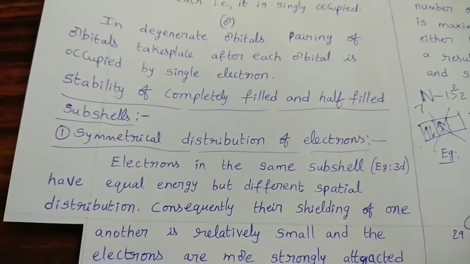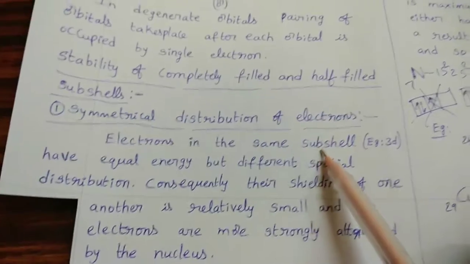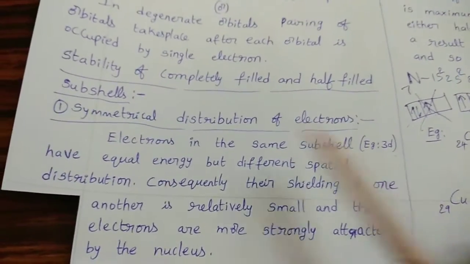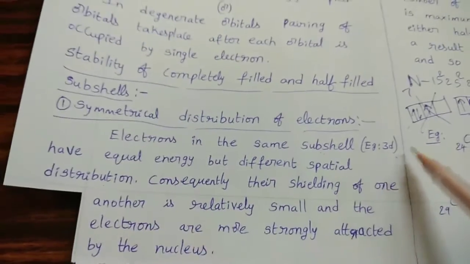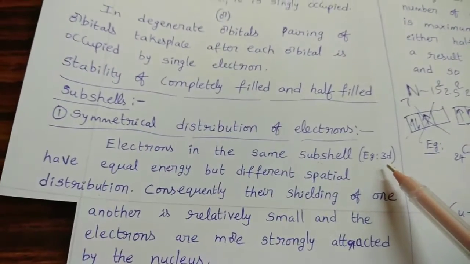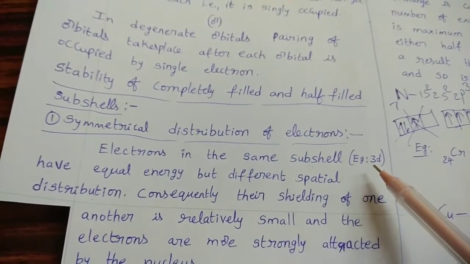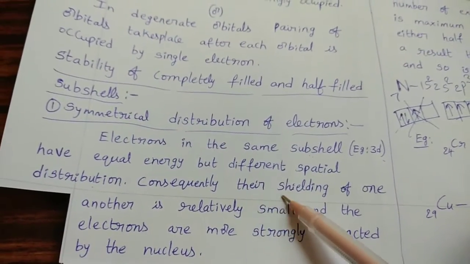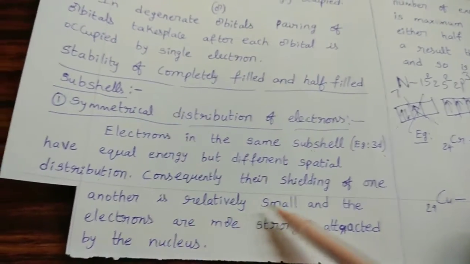One is symmetrical distribution of electrons. Electrons in the same subshell, for example 3d, have equal energy but a different spatial distribution. The 3d subshell has 5 d orbitals, their arrangement is different, but they have equal energy. Consequently, their shielding of one another is relatively small.